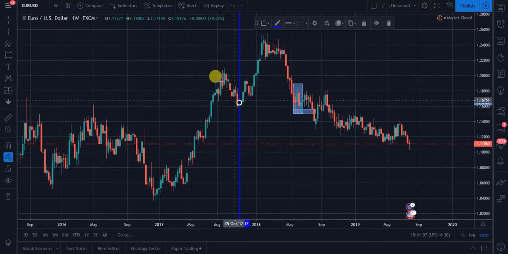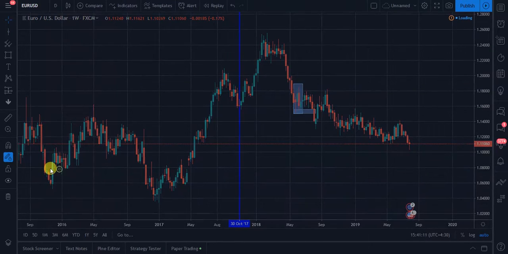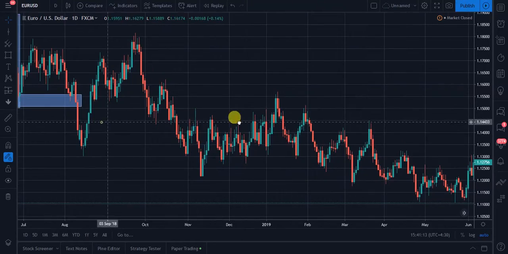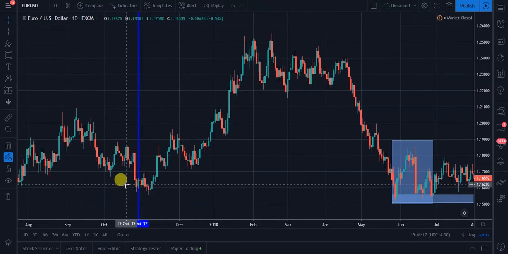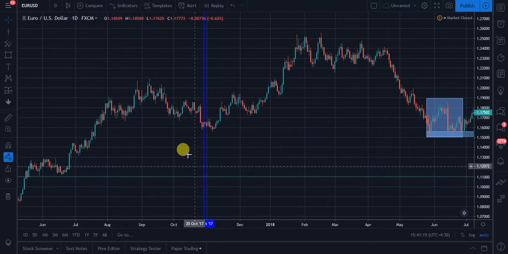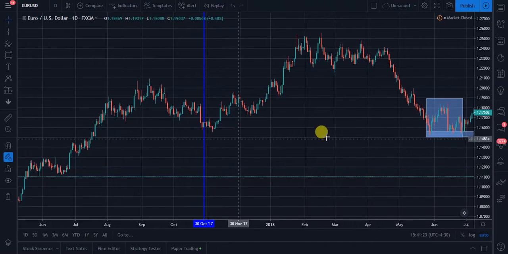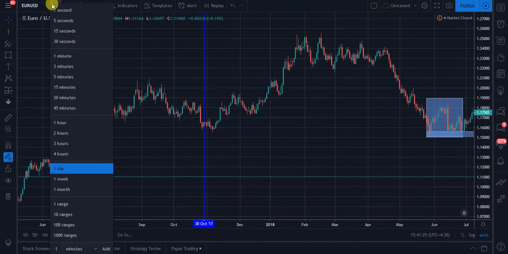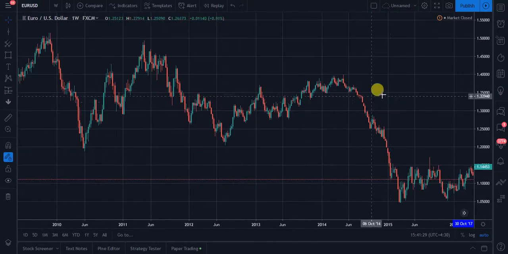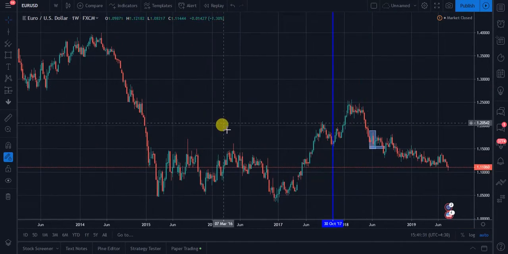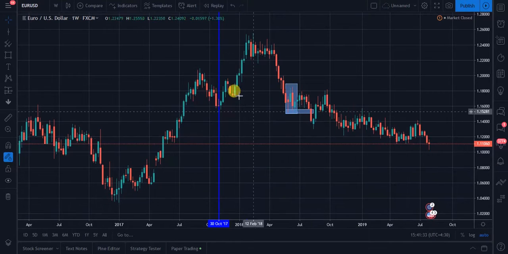Okay, I drew a vertical line here and then switched to the daily time frame, and yeah, that's true. That's exactly the level I chose in the daily time frame, but in the weekly time frame we can find it very good and clear.